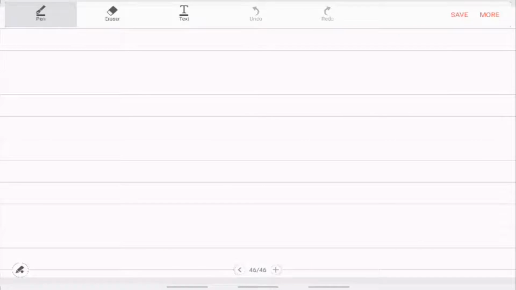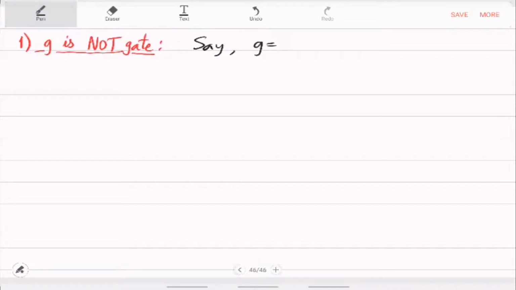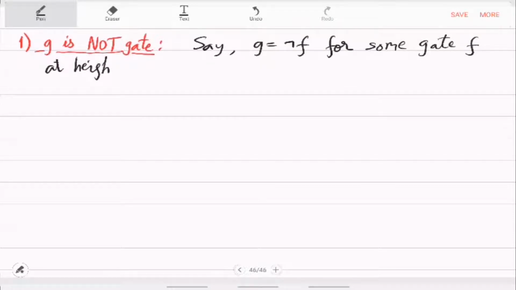The first case is G is a NOT gate. Say G is not of F, for some gate F at height h minus 1, one less height.